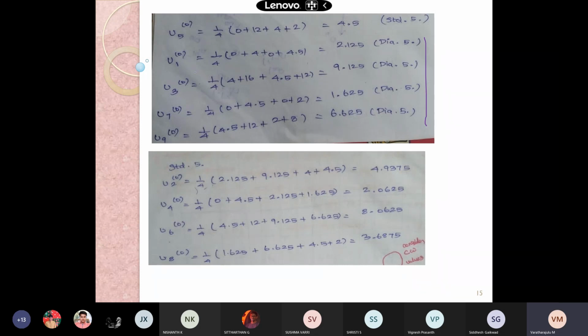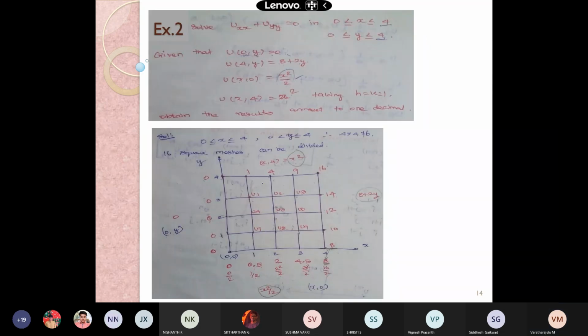See here, at the top I have written 0 for all the values of U. This is the 0th iteration: 0, 0, 0, 0, 0. So all these are the 0th iteration. For U2, U4, U6, U8, you calculate and tell me whether these values are right or wrong. 2.125, see here, 2.125 is our U1.